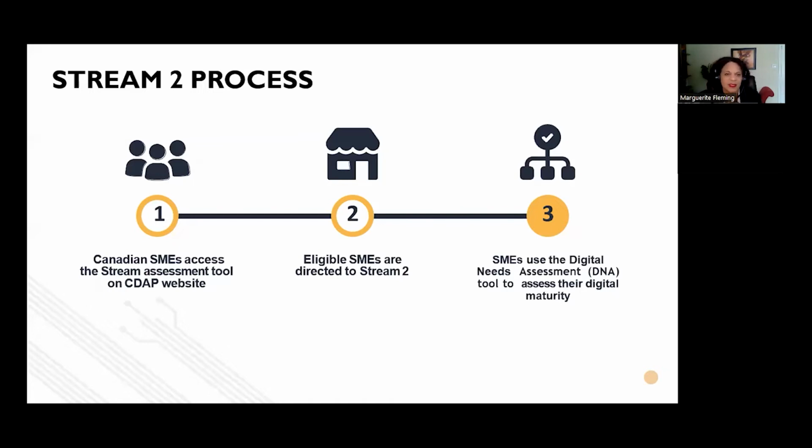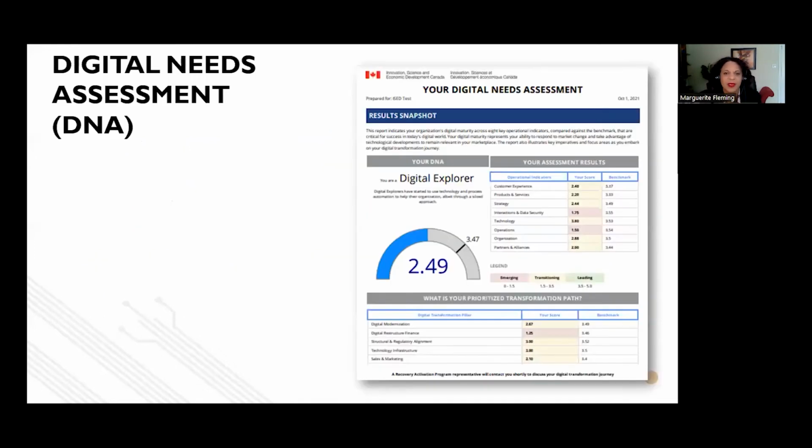Once you've decided that this is a process that you think is useful, you would go onto the CDAP website. You would fill out their application, and you would do a digital needs assessment, which they have right in there. I have to say that the application process is actually quite good. As far as government programs go, this is really streamlined.